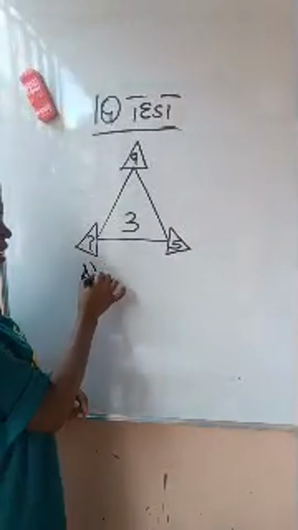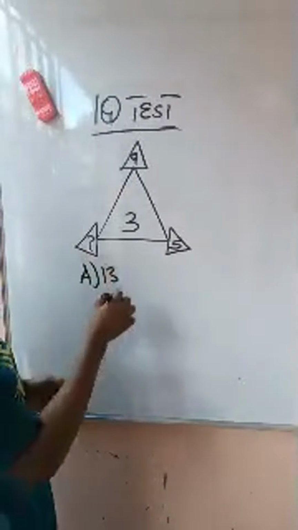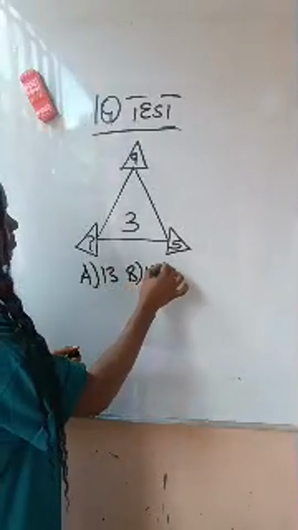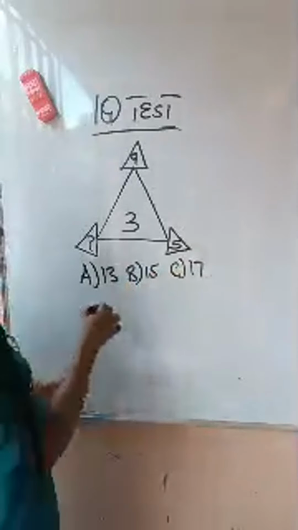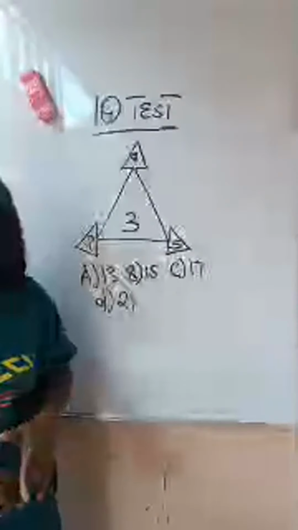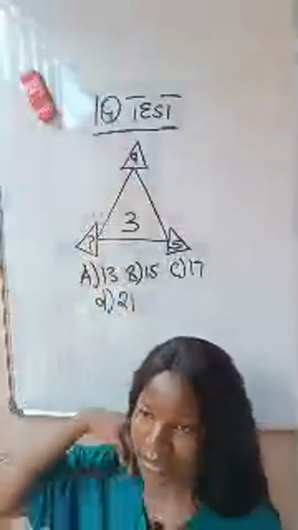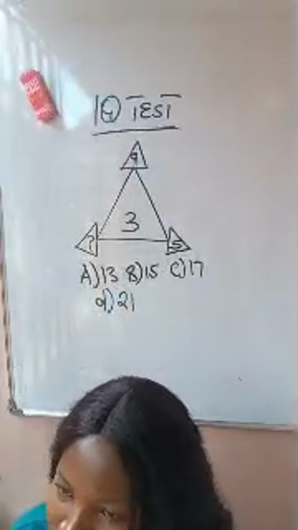So option A is 13. Option B is 15. Option C is 17. And option D is 21. So with this, I believe it will be easier.